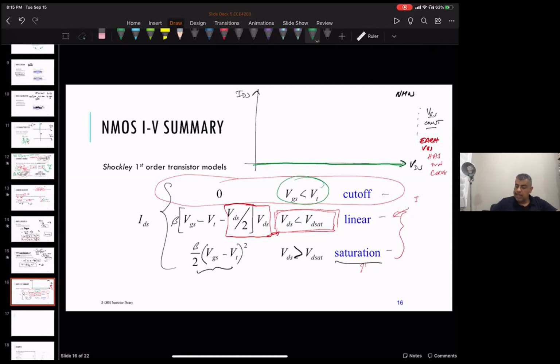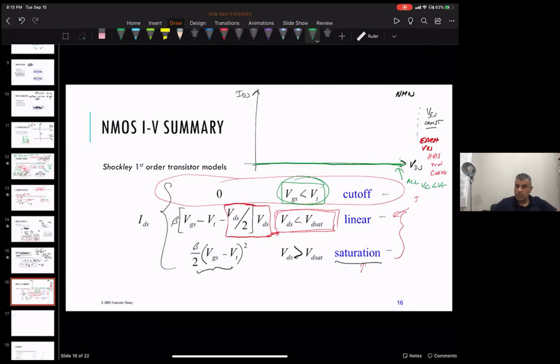As VGS increases, those curves are just going to lie on top of each other until VGS equals the threshold voltage. Past that point, the transistor is going to turn on. So green is all VGS less than VT. They're all going to be 0, sitting on top of each other. There's no current, regardless of what VDS does.